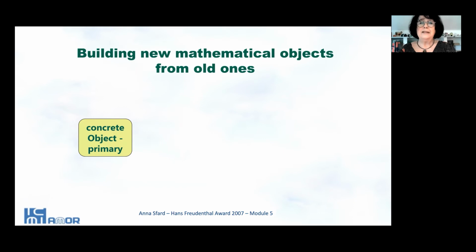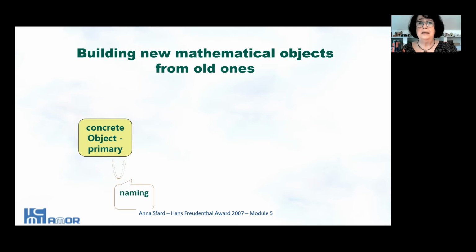The chain of mathematical objects begins with concrete material objects, that is, those whose existence does not depend on whether somebody thinks or talks about them. I call them primary objects. When a primary object is given a name or denoted with a symbol, we can start communicating about them.